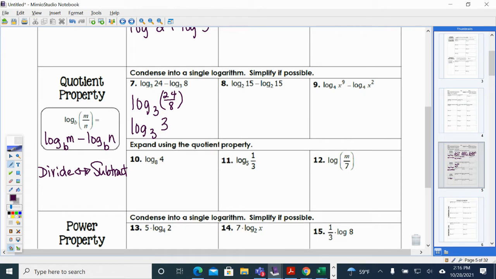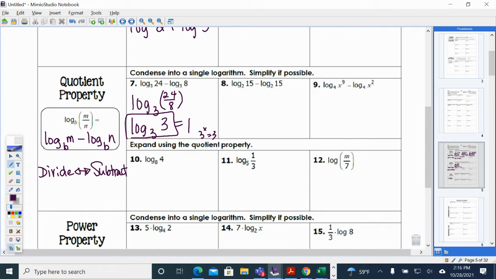And you can evaluate this. That's the answer for this, that's it condensed. We could evaluate, again, thinking about lesson number 1: 3 to what power is equal to 3? The first power. So that log would actually evaluate to equal 1 mentally.